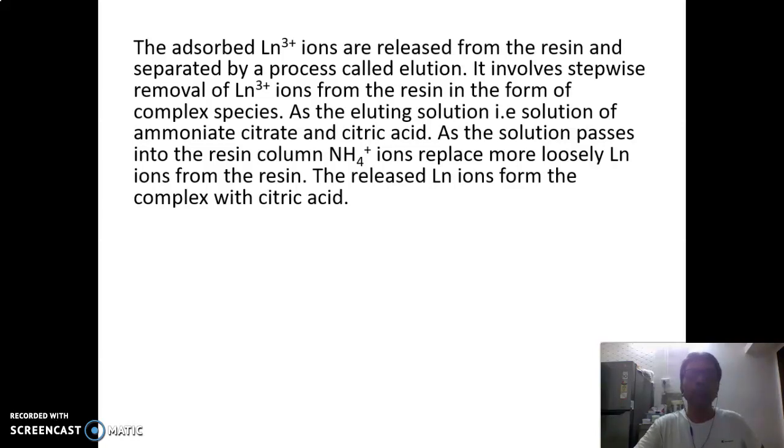As the eluting solution, that is the solution of ammonium citrate and citric acid, passes into the resin column, the ammonium ion replaces the more loosely held lanthanon ion from the resin column. Then the released lanthanon ion forms a complex with the citric acid.